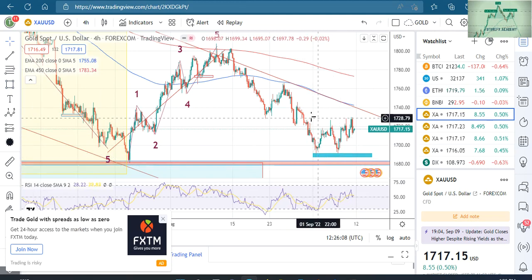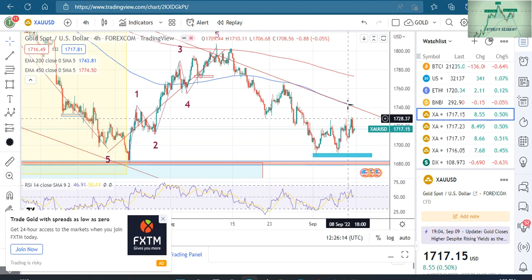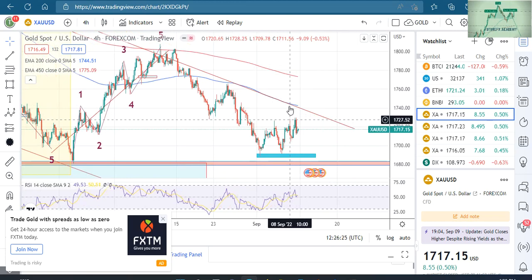With this 1690, it gives us a double bottom. And after this double bottom, the market pushed higher with a bullish move. As a result of that, it broke this price area around 1725 down to 1728, then made a pullback.